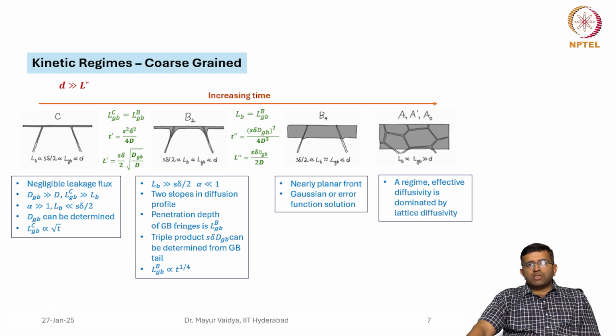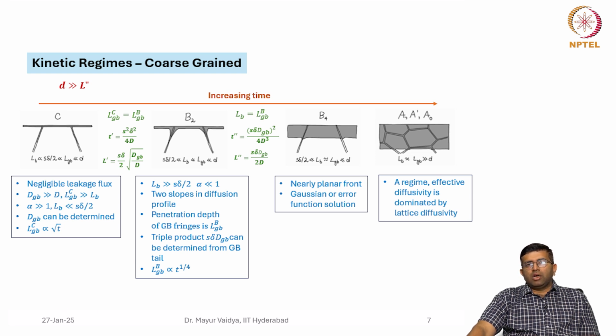now here LB was very less than LGB, but as the time increases, LB increases much faster than LGB till a point is reached where LB is almost comparable to LGB. So here you have a nearly planar front and a Gaussian or error function type of solution is applicable.